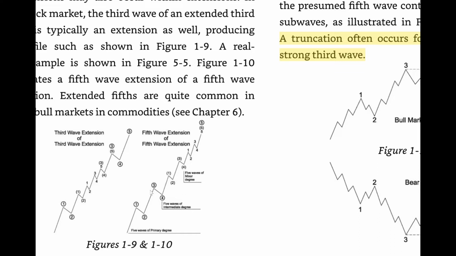A conservative wave 3 you have in this diagram, and then you see an expanded wave 5, but that wave 5 expansion is such that you have an expanded wave 1, 2, 3, and 4, and then an expanded wave 5 within an expanded wave 5. So you have expansions in expansions.